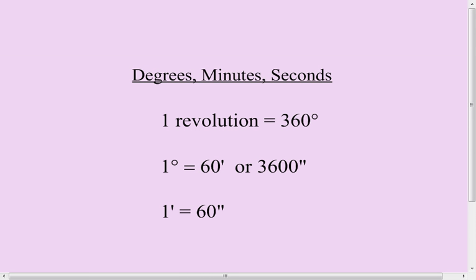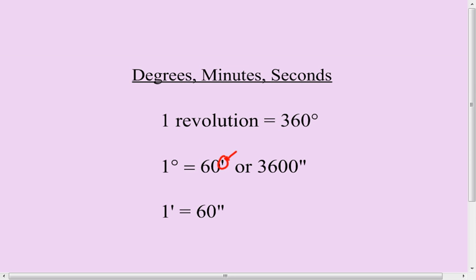All right, then we're going to look at converting degrees to a little bit more specific answer, which would be degrees, minutes, and seconds form. There are 360 degrees in one circle, we know that. Each of those degrees can be divided into 60 minutes. So when you see this one little hash mark right here, that means minutes. Think of how tiny 1 degree is on a protractor.